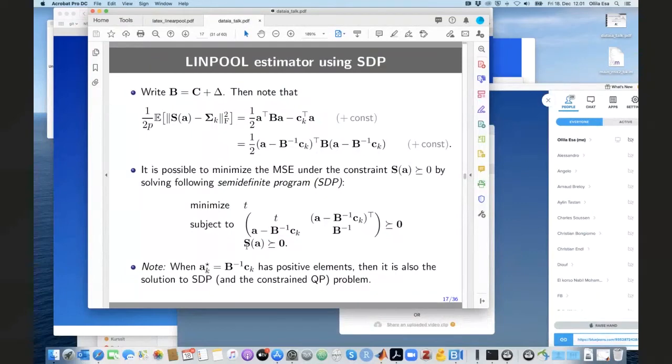So this is also an extension of the approach that one can use. The fact is that this solution is also the solution of the previous problem if these weights are always positive. So if the weights are positive, then there's no difference in these solutions.